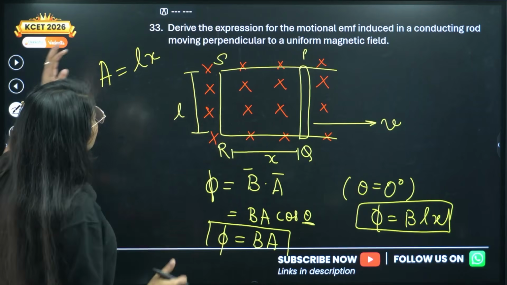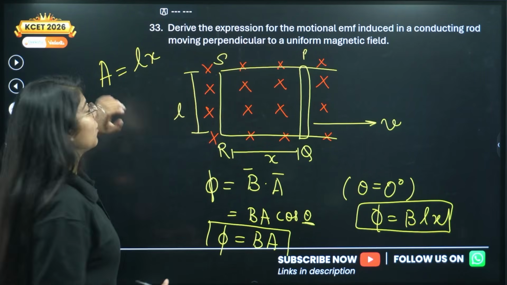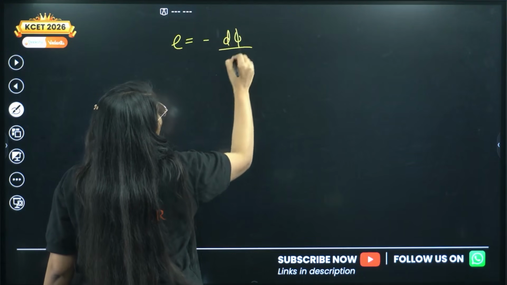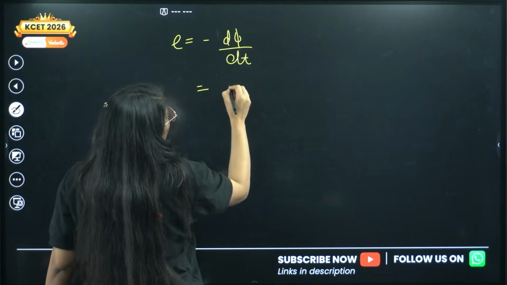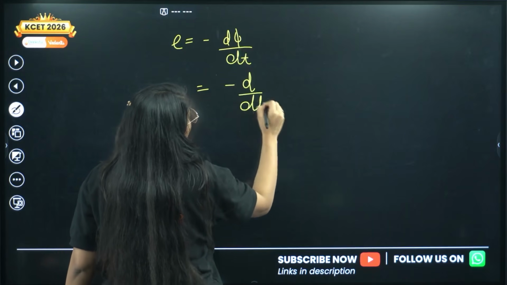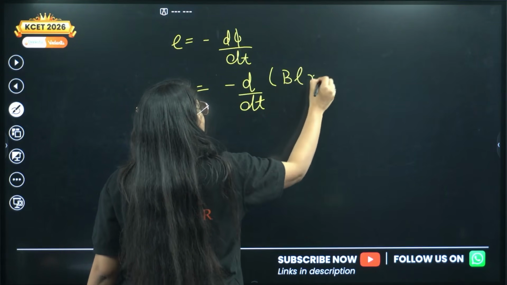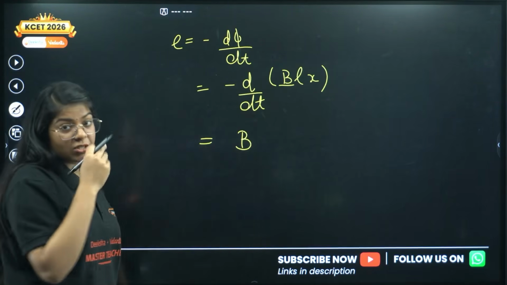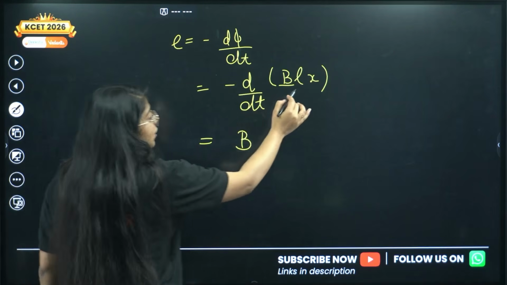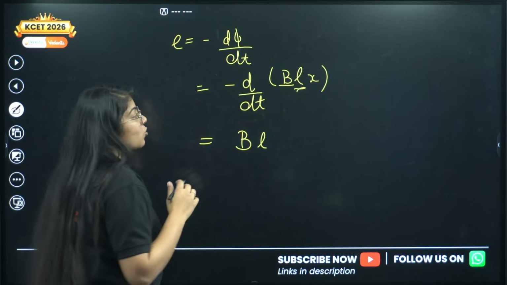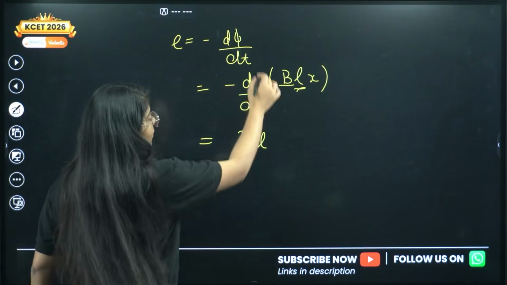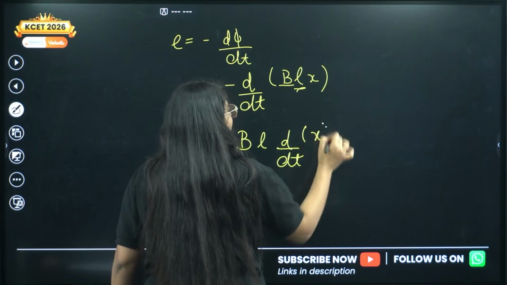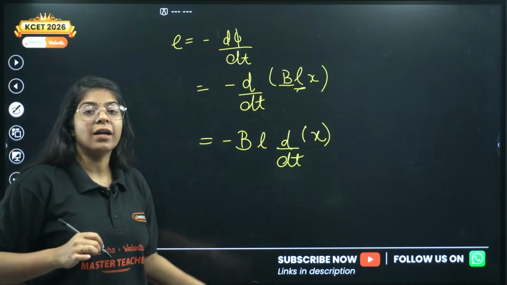Then we need to find the expression for motional EMF. EMF is nothing but minus d phi by dt. We'll put the value of phi, that is B L into X. B is a constant, the magnetic field is not changing, it is uniform. The length of the rod is definitely not changing, so they come out of the derivative, and what is left is d by dt of X, the frame on which the rod is moving.